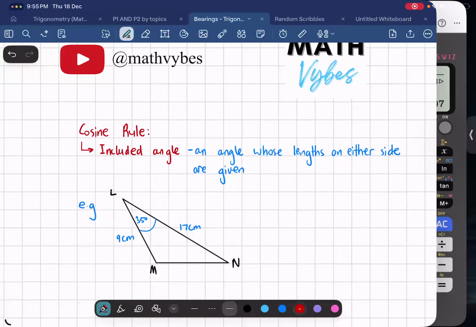Tell me, Faith, would 35 degrees be an included angle? Yes, it would. Nice. So you'd say 35 degrees, angle L, is an included angle because on either side, the lengths are given.